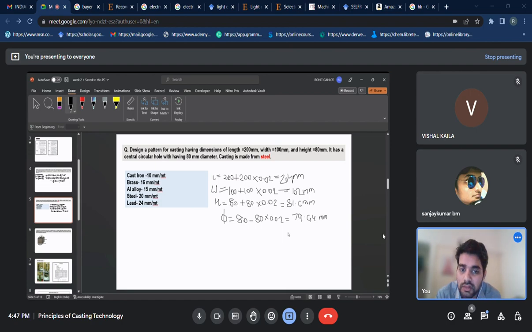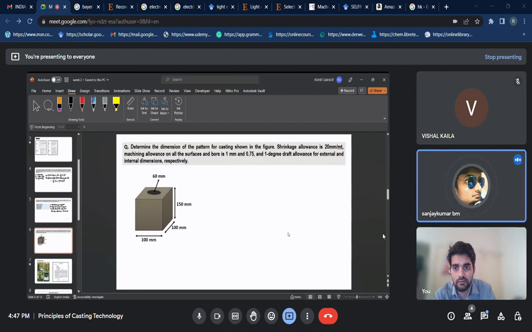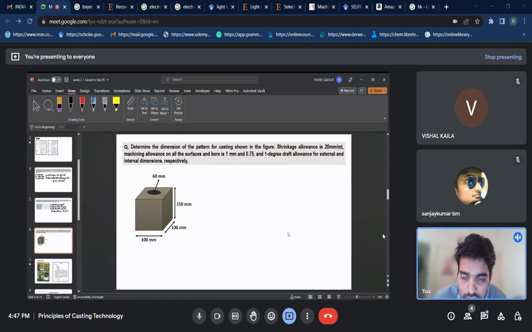Is anyone else having any doubt, or is anyone on the same page, able to solve this? So should we move to the third question, is it okay? Yes, please. Okay, move to the third question. Complete it as fast as possible.